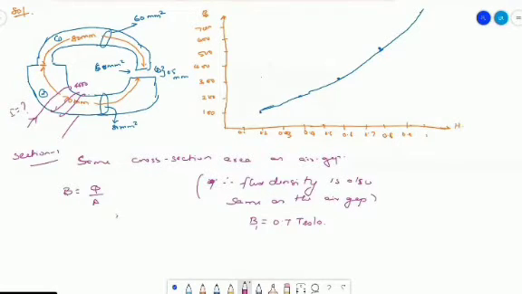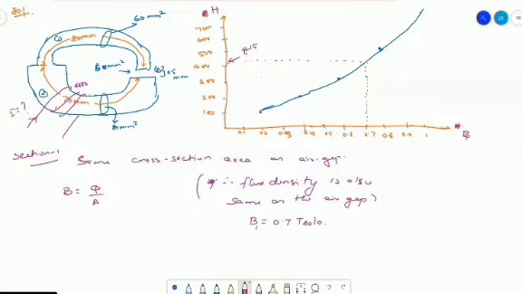Now, if you look at the graph that we have drawn, oh sorry, I have made a mistake here. This has to be B and this has to be H. So sorry for that. So if you look at 0.7 Tesla, let us see what is the corresponding value of H. So we must be getting around something close to 415.